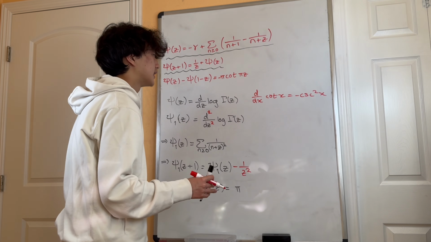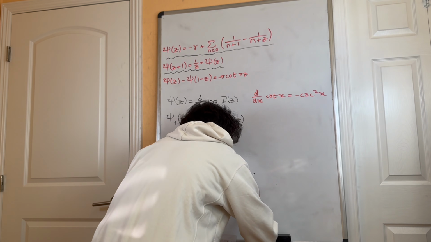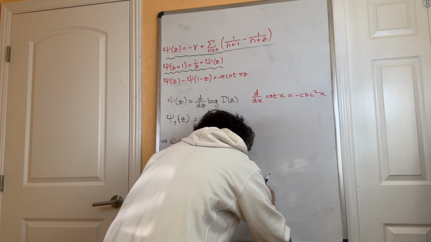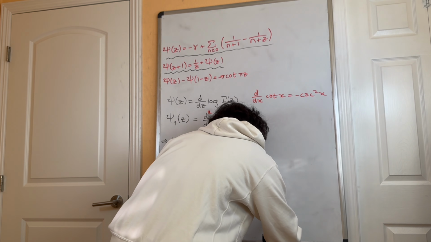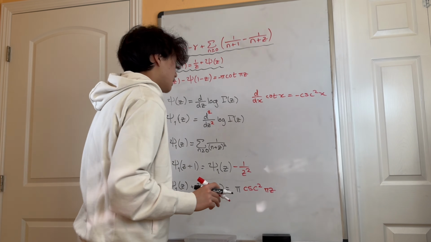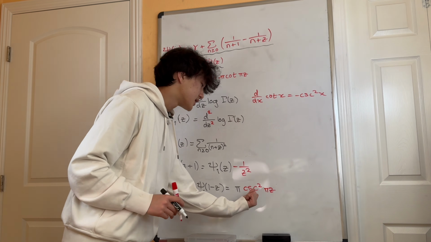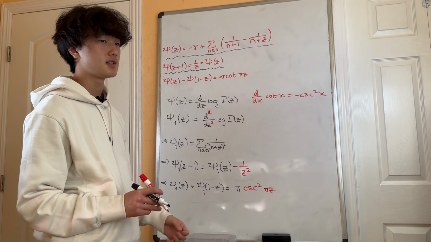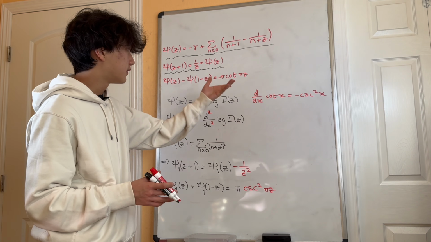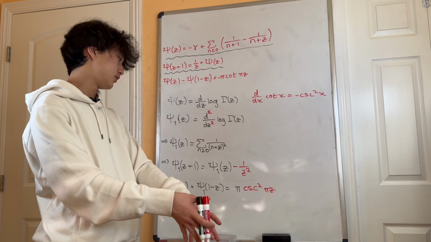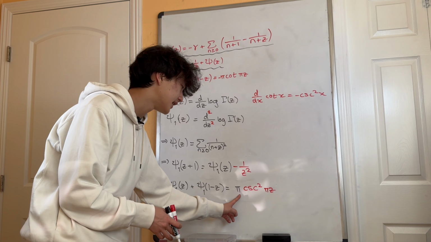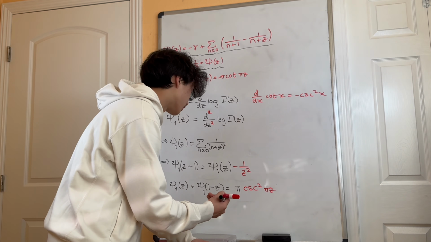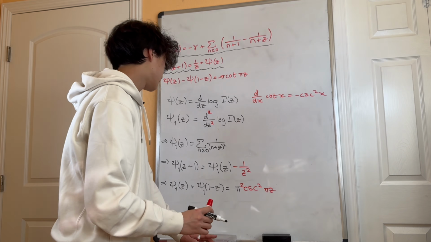So I'm going to just deal with that right now. We're going to just have a cosecant squared left, and then of pi z, of course. Okay, but then we have chain rule, which says we have to take the derivative of the inside function, which is just pi z. The derivative of pi z is just pi, so multiply pi on the outside, this pi gets squared, okay? So there you go.